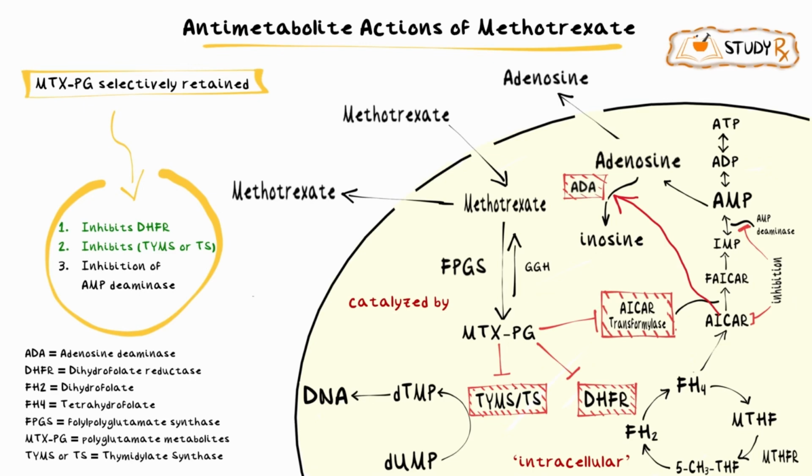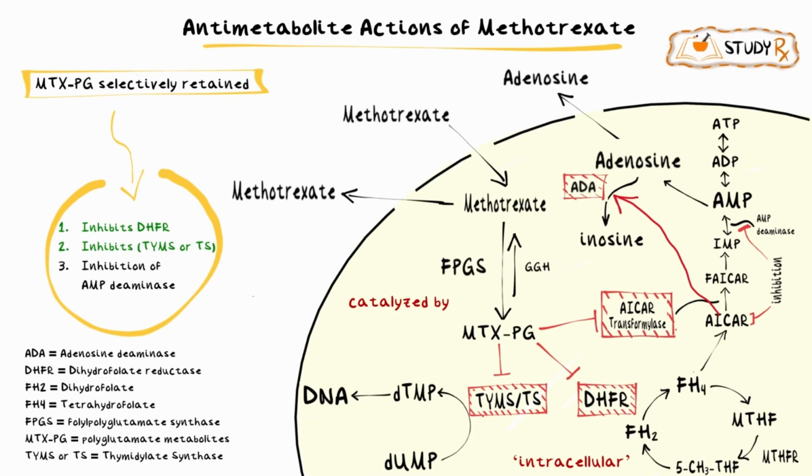Within the cell, FPGS converts methotrexate to methotrexate polyglutamate, and the reason why this is important is because methotrexate polyglutamate will have a greater cellular retention than that of normal methotrexate. Methotrexate polyglutamate will also obstruct or hinder the generation of active forms of folate, inhibit the de novo pyrimidine synthesis, and also cause accumulation of AICAR in the de novo purine synthesis pathway.